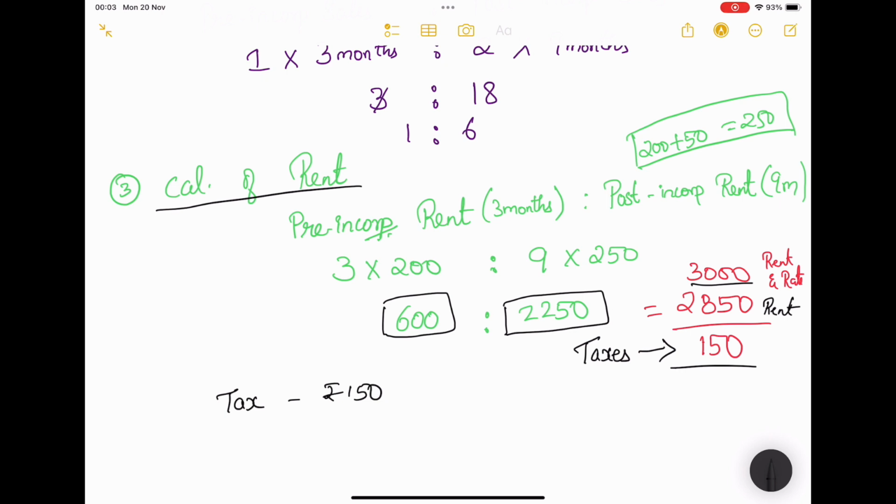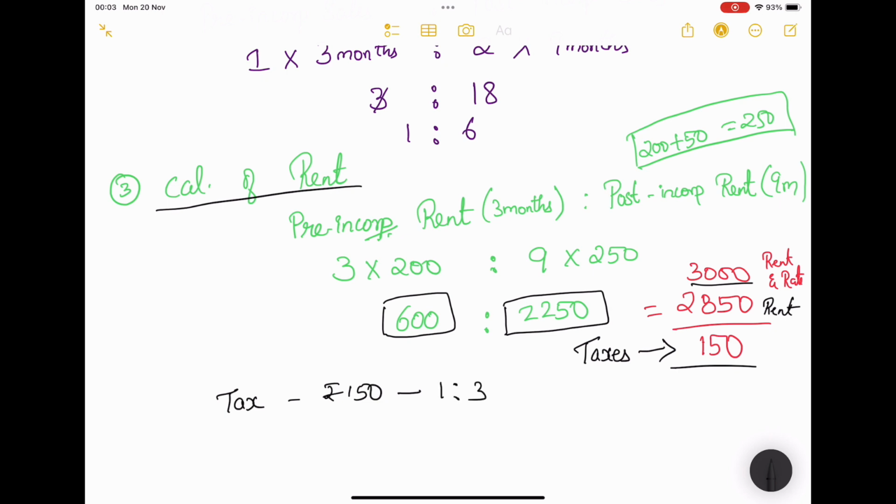So 150 into 1 by 4, we are having time ratio as how much we had, 1:3, isn't it? So 150 into 1:3. Got it?